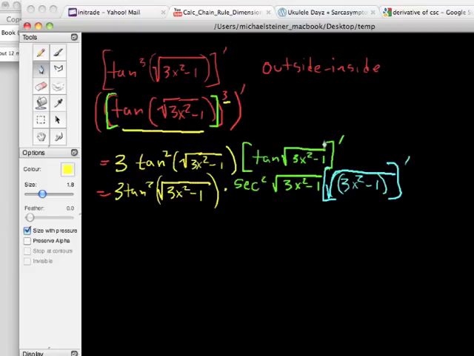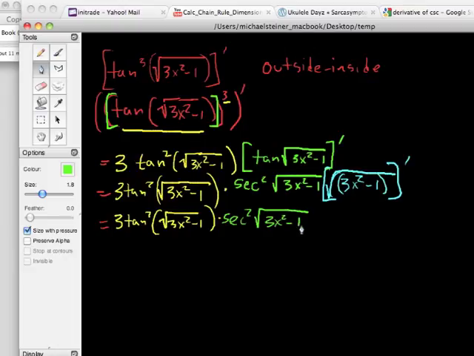Continuing on here, copying these terms down, we have 3 tangent squared square root of 3x squared minus 1 times secant squared square root of 3x squared minus 1. You could put ditto marks just to be clear. Now we have something raised to the 1/2 power.